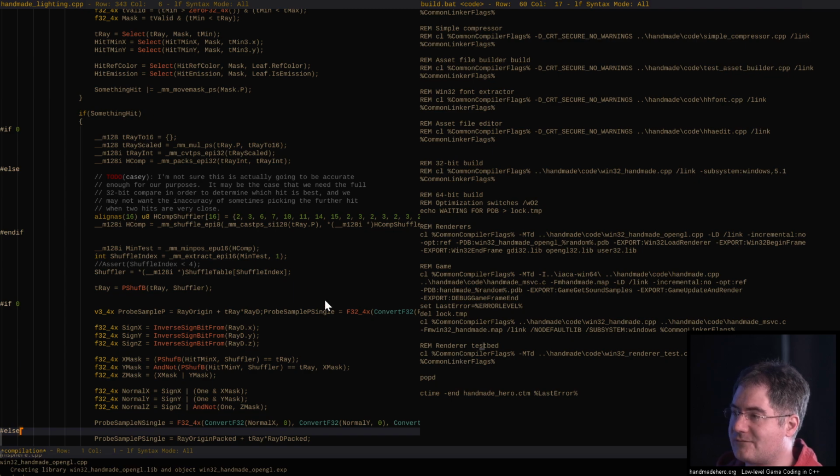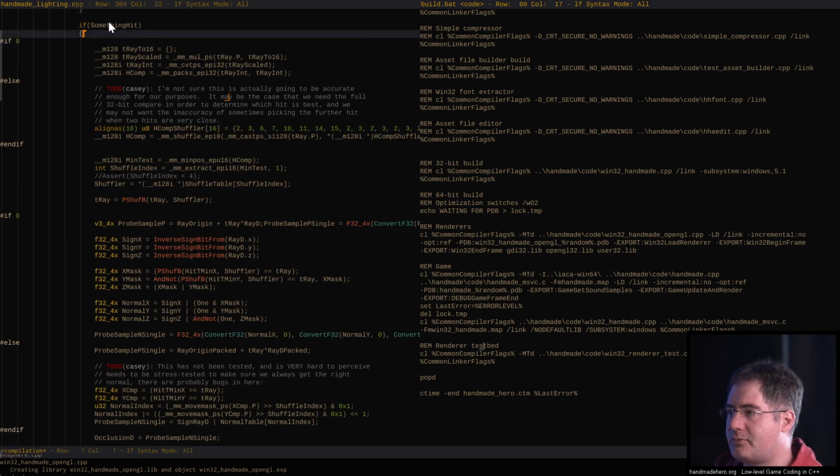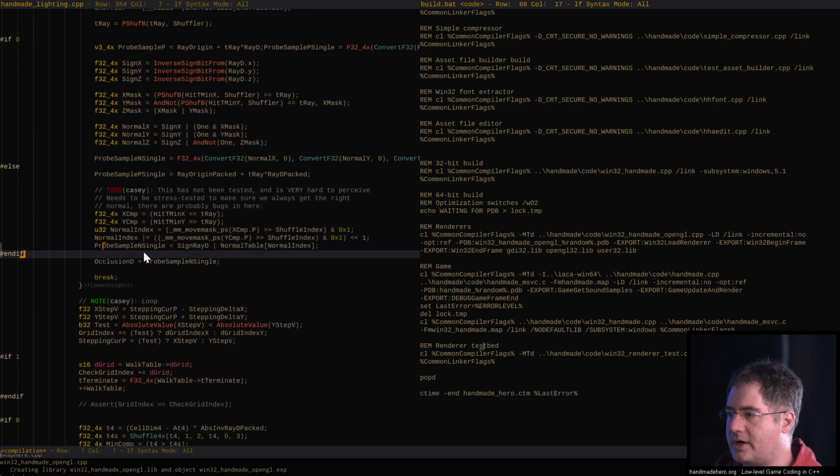We end up in a path that's like, did we hit anything? In the path where we say, did we hit anything, we update where we're going to sample using this code. So it's this, right? Probe sample p single.